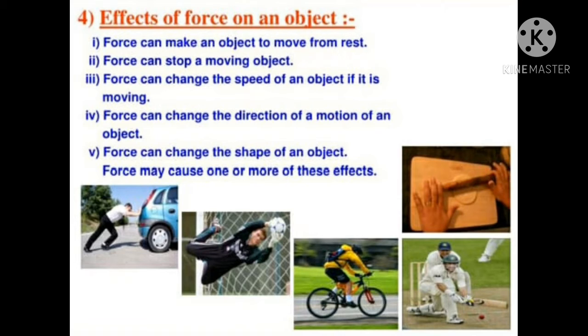Force can change the speed of an object if it is moving. If an object is already moving, then the force can change its speed. Force can change the direction of motion of an object. Because of force, the direction of motion can be changed. Force can change the shape of an object. Force may cause one or more of these effects.